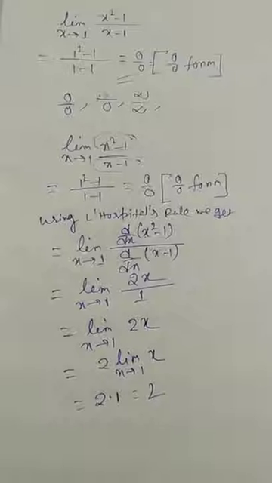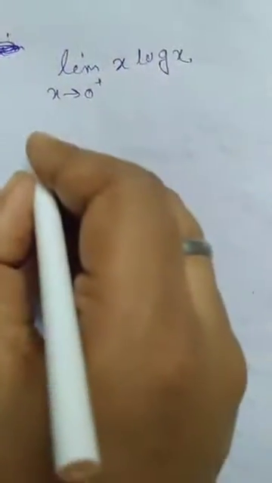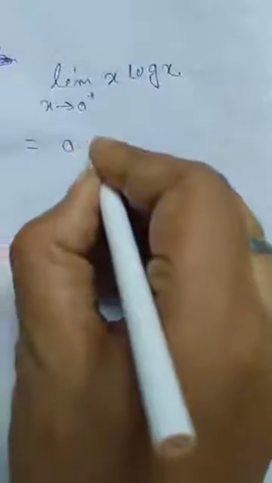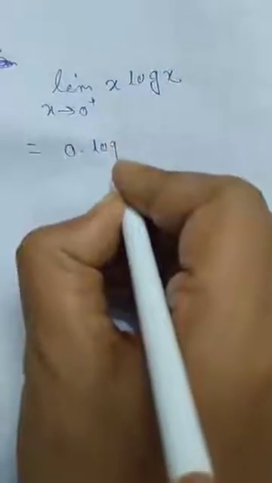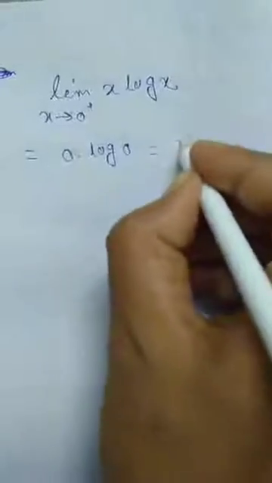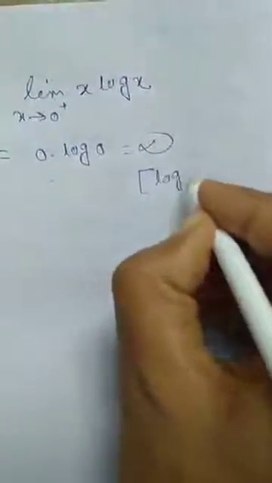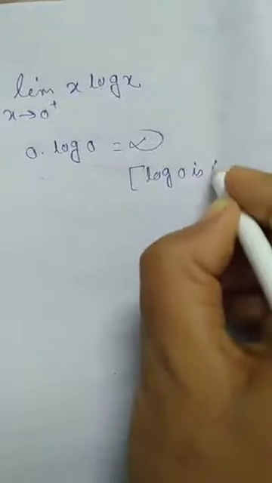Now see the next problem. Next problem is limit x tends to 0 plus x log x. First of all, if you put in x into log 0, this is undefined, infinity, because we know that log 0 does not exist.